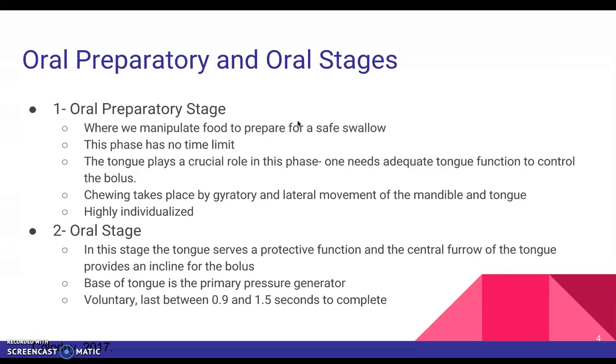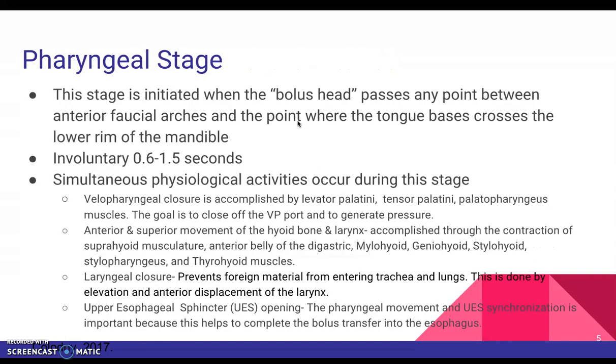So like I said, oral prep stage, we prepare the food. The oral stage, it's voluntary, lasts between 0 to 9 seconds, and this is where the tongue provides an incline for the bolus.